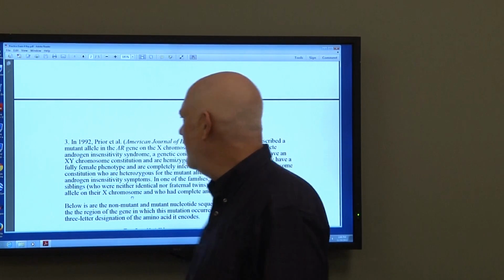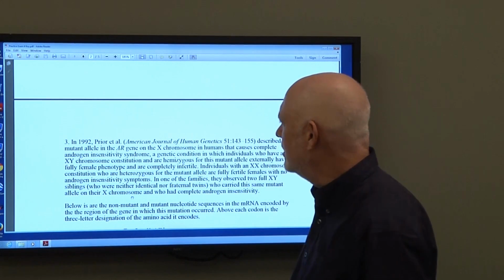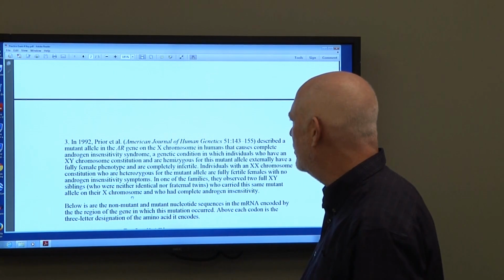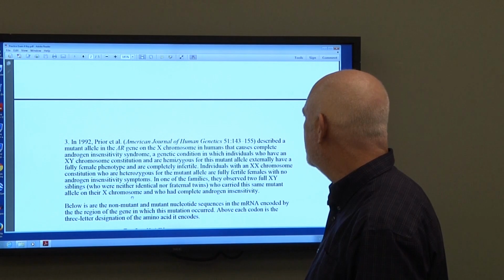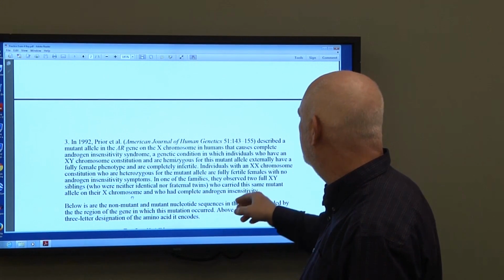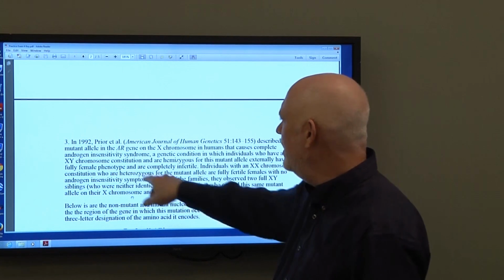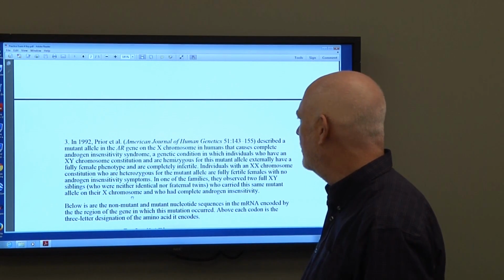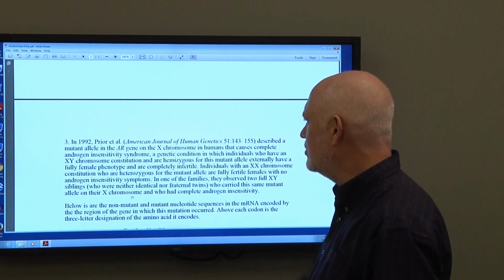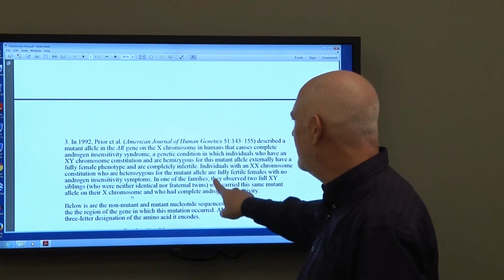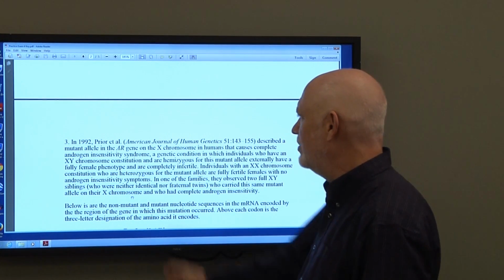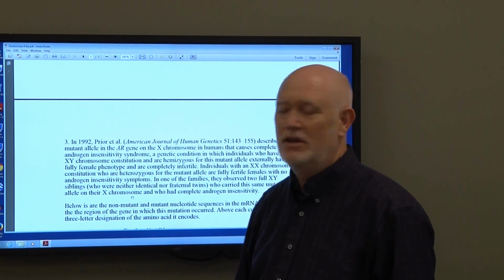Thus, certain mutations in it can cause what's called complete androgen insensitivity syndrome, which means that individuals have a fully female phenotype but are completely infertile, whereas individuals with an XX chromosome constitution who are heterozygous for the mutant allele are fully fertile females with no androgen insensitivity symptoms.